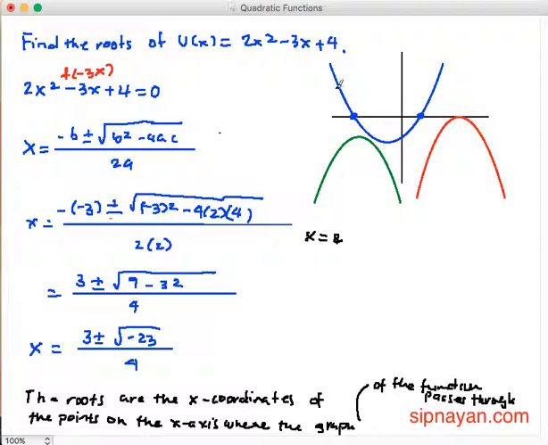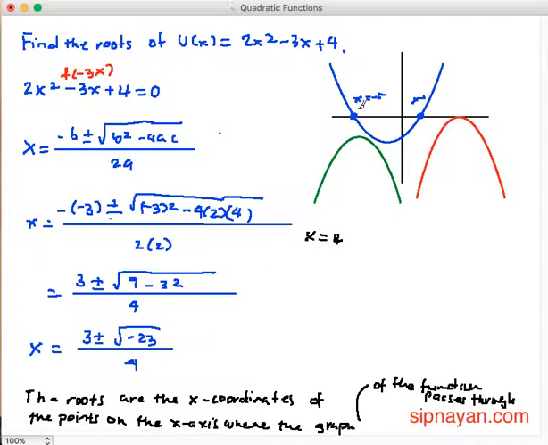For example, this is x equals negative 5, and this one is x equals 1, then the roots of this quadratic function are x equals 1 and x equals negative 5. And of course, the y-coordinates of these points are both 0 because they are on the x-axis.